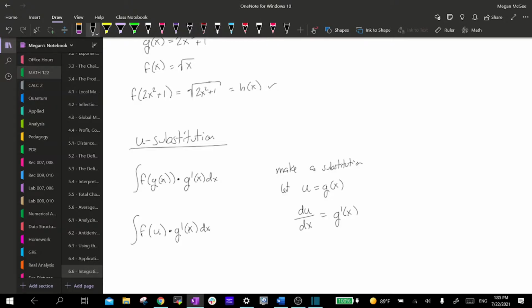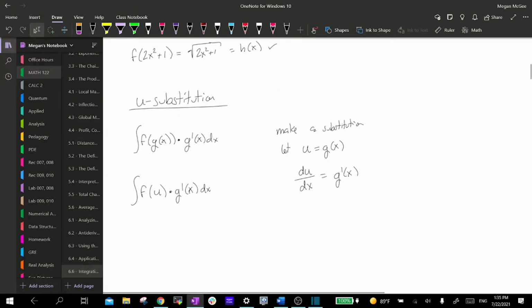Then we're going to do one more thing, which we said when we first learned about Leibniz notation, is that this du over dx is not supposed to be treated like a fraction. However, we're going to make a small exception in this case. Just hang in there for a second. We can write this as du is equal to g prime of x dx.